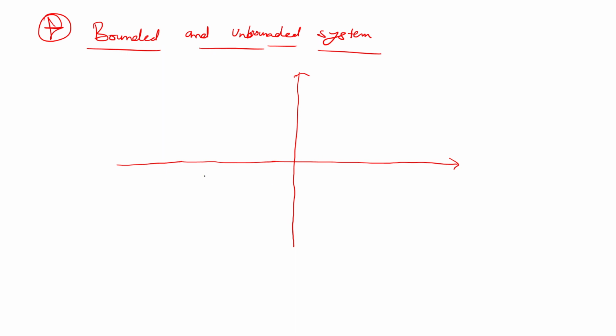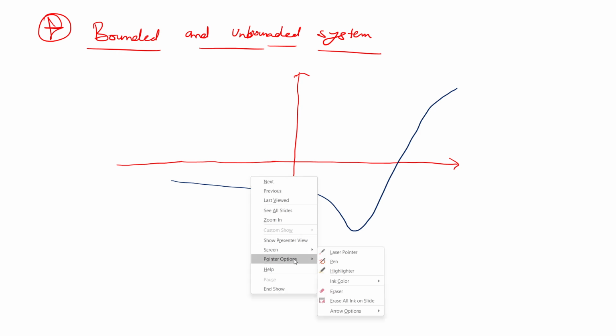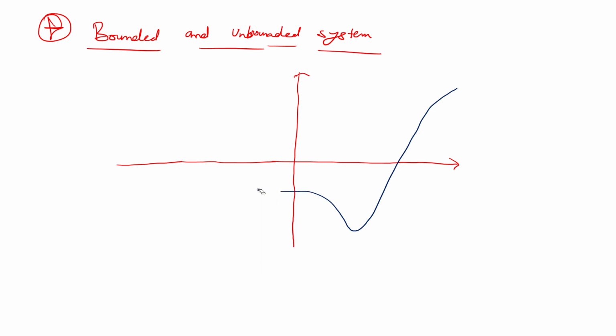We can make it even a little different. Okay, suppose like this, we have the potential V(x), a generalized potential I'm taking. So in this case, I have taken a negative potential, a zero potential, and a positive potential.